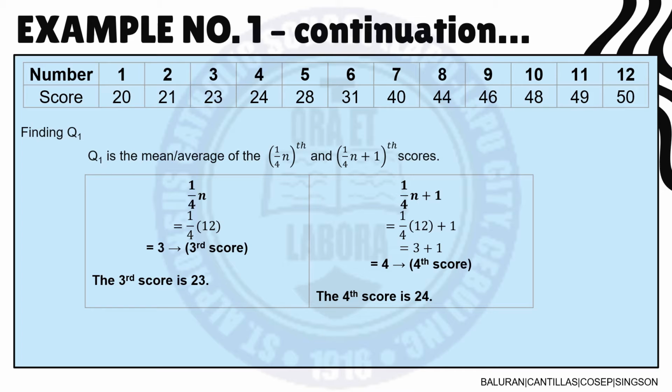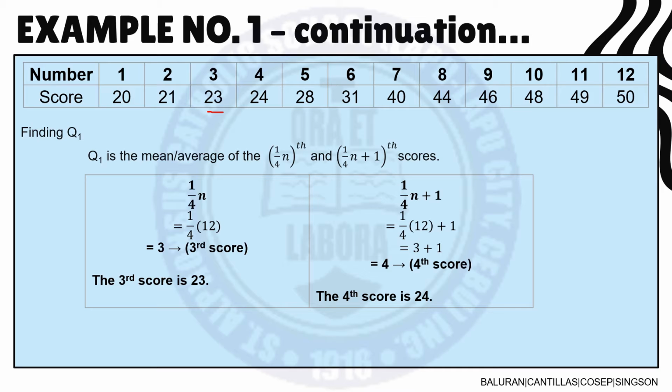So 3 here is not yet the final answer. This is the location of the score. So we have the third score, and the third score from the given table is equal to 23. Then, for the next formula, we will be using 1/4 times n plus 1.